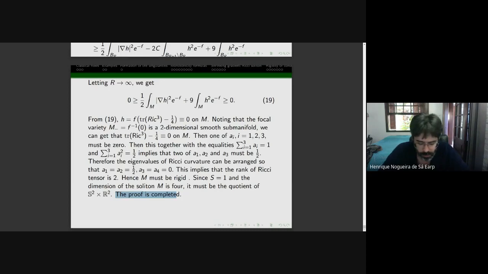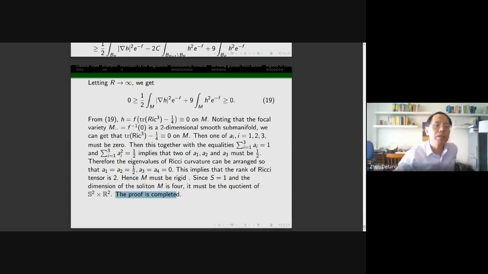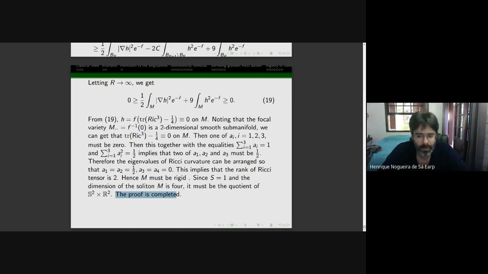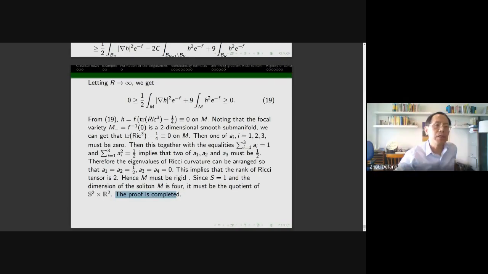In higher dimensions, it is possible to, for example, if you want to work with 5 dimensions, you need to compute the trace Ricci cube. You need to compute Ricci 4. Aha. Okay.